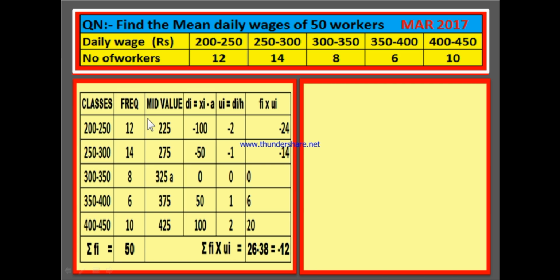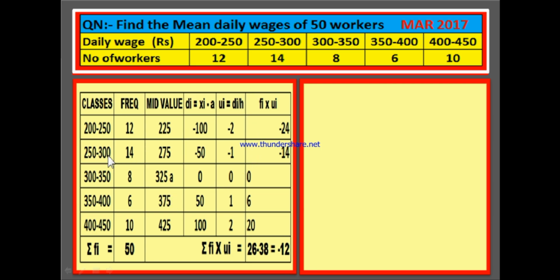Of course, in this case it is okay, it is right, but in all cases it is not true. It is always the difference between any two successive lower boundaries, upper boundaries or mid values. Understood? Please keep in mind.